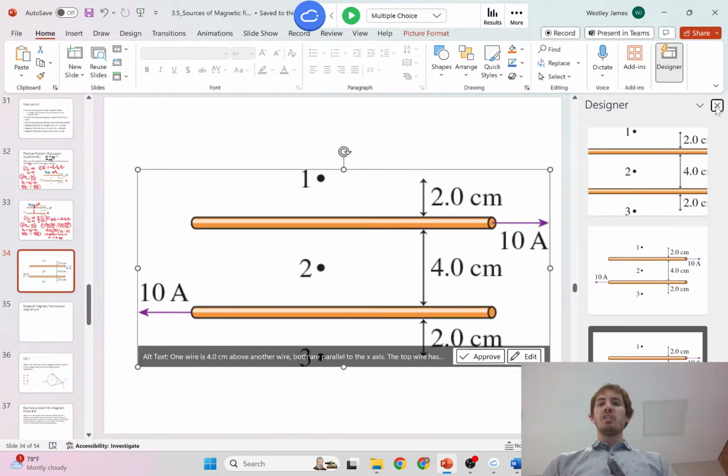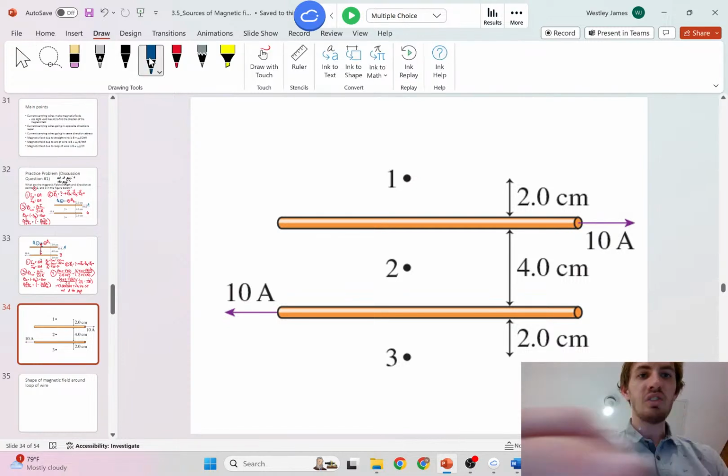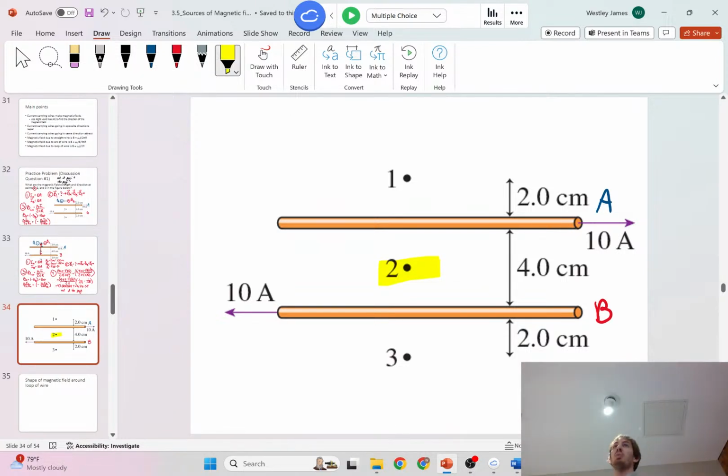I want you all to find, again, same thing, call the top wire A, call the bottom wire B. I want you all to find the directions of both of those fields. Each of those wires makes a magnetic field. Find the field at point 2 due to each wire. Find the field at point 3 due to each wire.